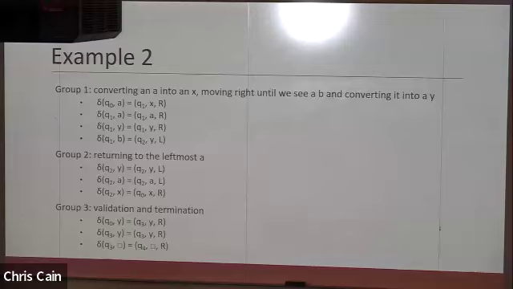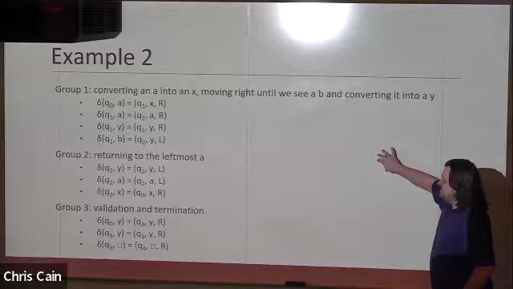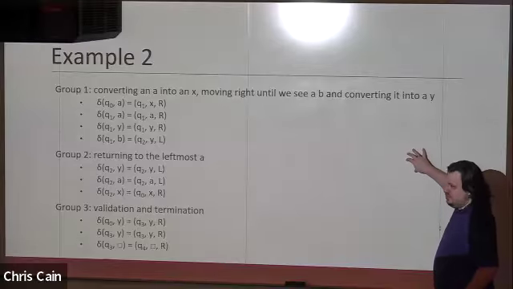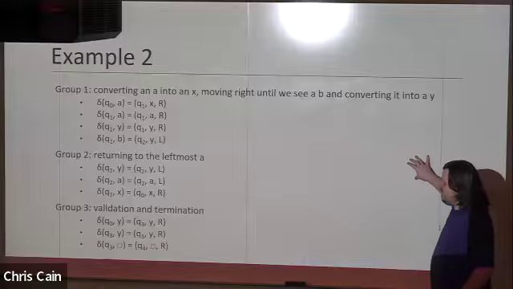What happens if there were more A's than B's? Is that something we need to worry about? If we have AAB, we read the first A, we go over, we convert that into an X, we see the B, we convert it into a Y, we go back, see an A, but then we go past the Y, and we're going to see a blank.